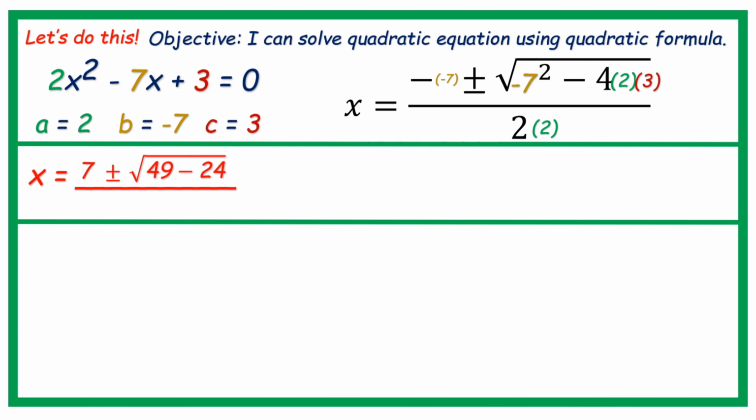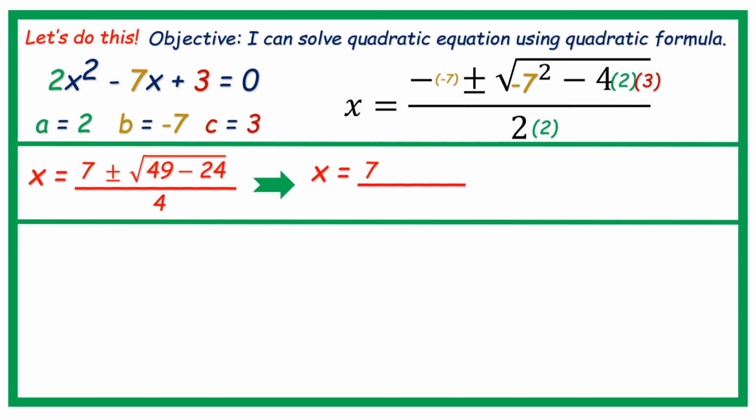Look at the quadratic formula on top right. Negative 7 times negative 7 is 49. Then 2 times 3 is 6, times 4 is 24. So that's where we got it. Then 2 times 2, the answer is 4. Just like that.